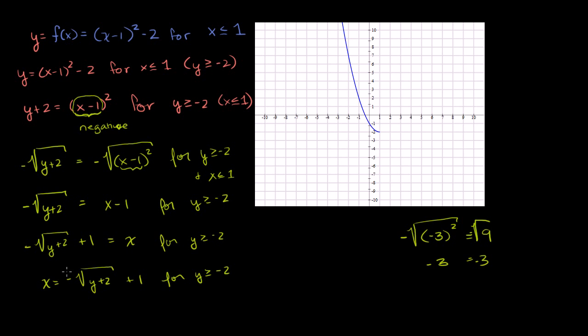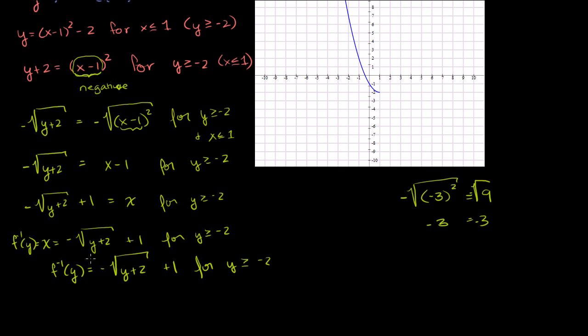Or if we want to write it as an inverse function of y, we could say f inverse of y is equal to the negative square root of y plus 2, plus 1, for y is greater than or equal to negative 2. And now, if we want this in terms of x, we just rename y as x.